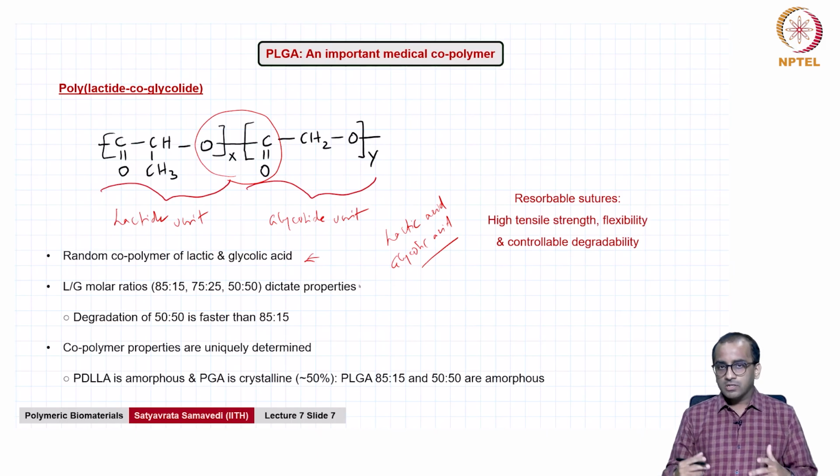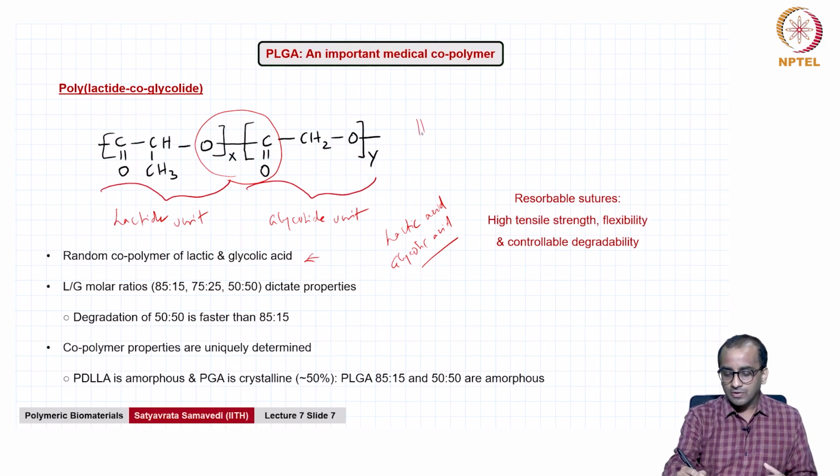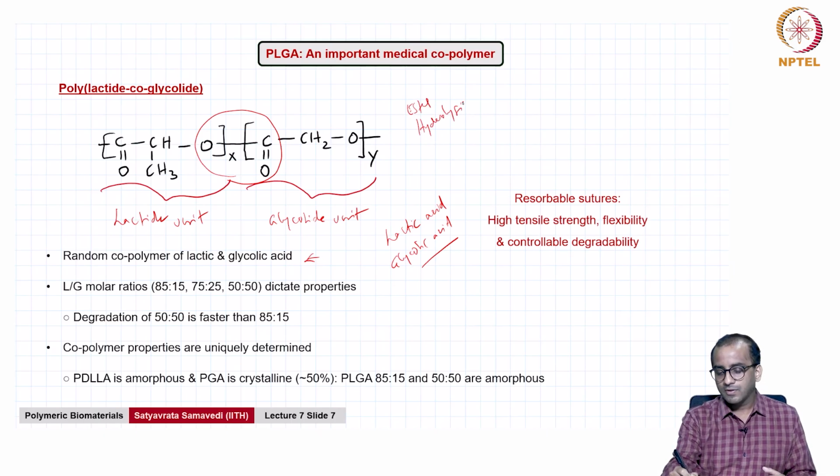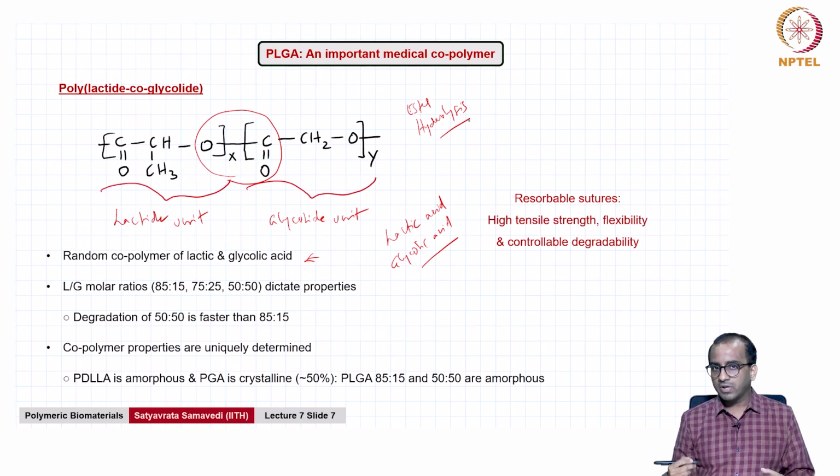And it turns out that PLGA is a degradable polymer and it undergoes degradation through ester hydrolysis. That is the dominant mechanism, which we will look at again in more detail in a future lecture, but for now it is important to just keep in mind that PLGA is a poly alpha ester which can undergo ester hydrolysis, which means the backbone is susceptible to degradation upon contact with water.